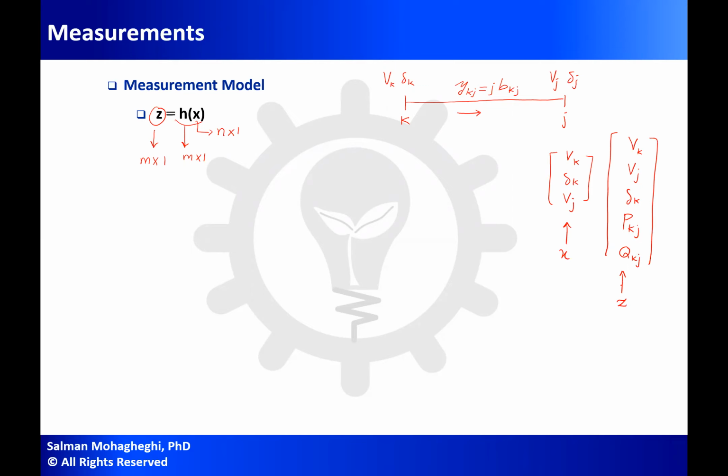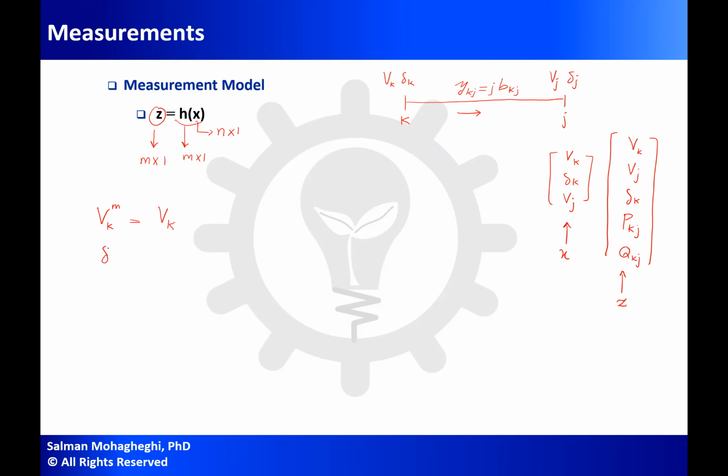So here, my VK measured value, I put this m to indicate that this is an actual value. It's a measurement that I have. How is this related to my states? Well, my states are VK, delta K, VJ, and this measurement is associated to the states in a very direct fashion, equals VK.